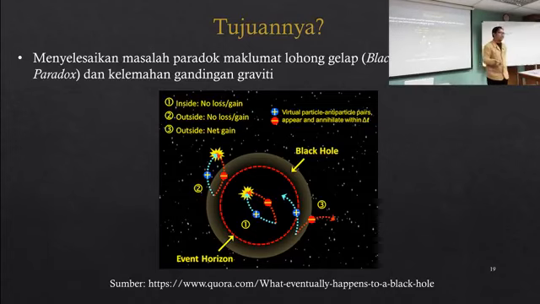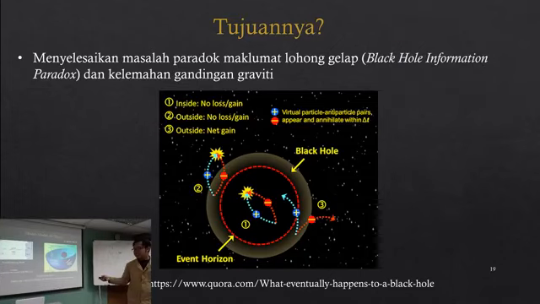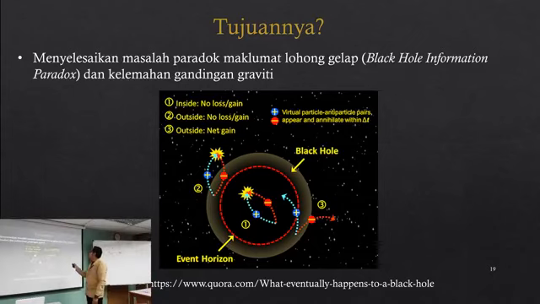Okay, so very famous penyelesaian lah, dia orang nak try to explain tentang information paradox. Daripada kesan kepada kewujudan ketiga-tiga model ini, actually we can explain the concept of the black hole information paradox and the coupling of gravity ataupun kelemahan gandengan gravity.